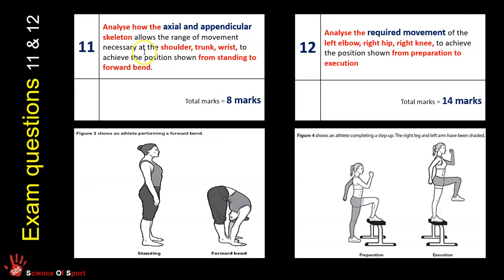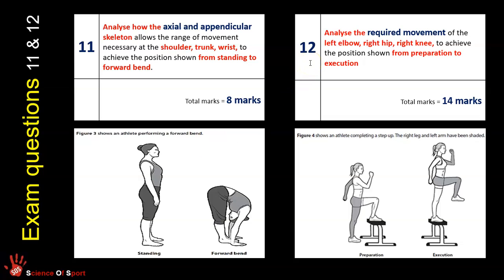Just to remind you, question 11 purely asks about the skeletal system. It generally phrases it: analyse how the axial and appendicular skeleton, 3 joints or sections, and gives you a specific position to write your answer about, and you must relate it to the answer very overtly in your writing.